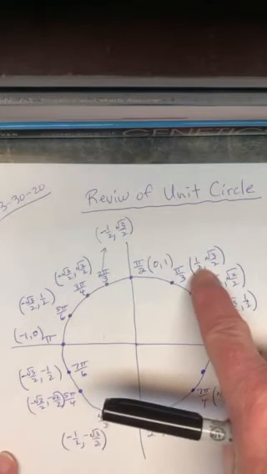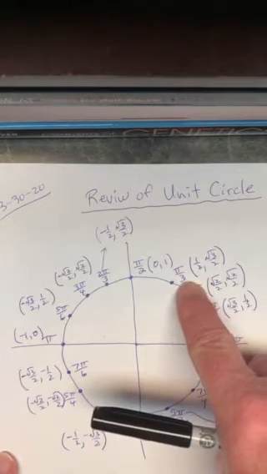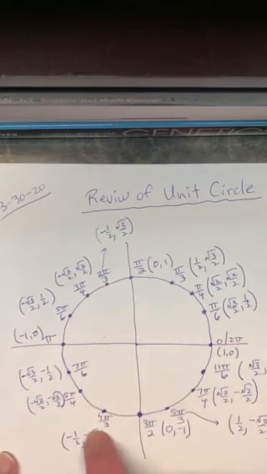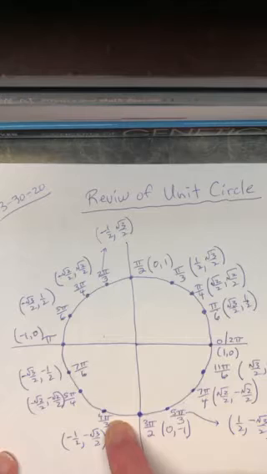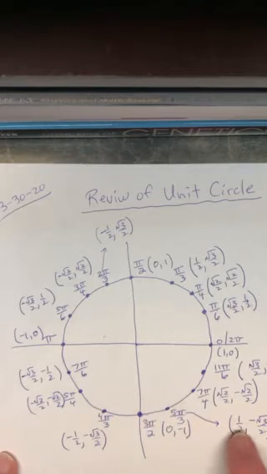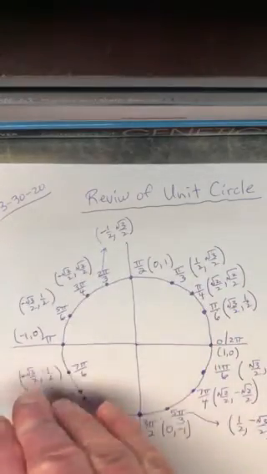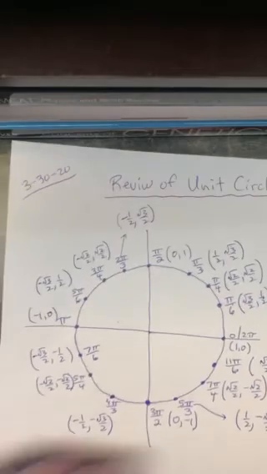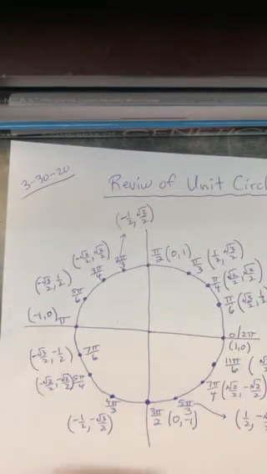And that happens, of course, at pi over 3, at 2 pi over 3, at 4 pi over 3, and finally at 5 pi over 3. So anytime the x-coordinate is either 1/2 or negative 1/2 around our unit circle, those are the answers we're looking for. So it's really all the multiples of pi over 3.